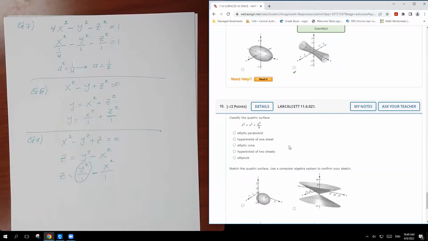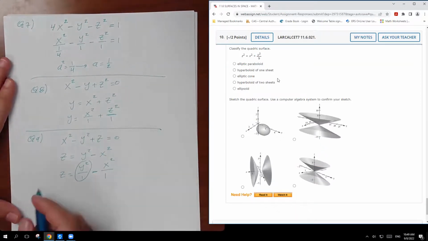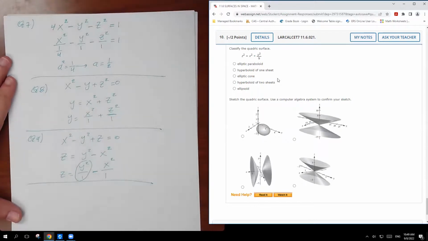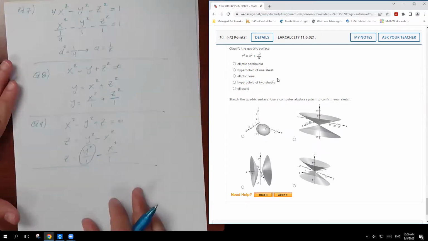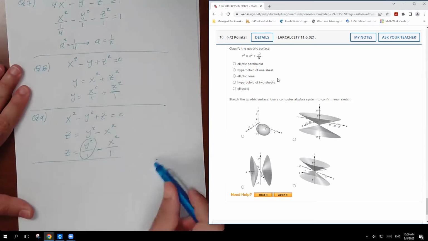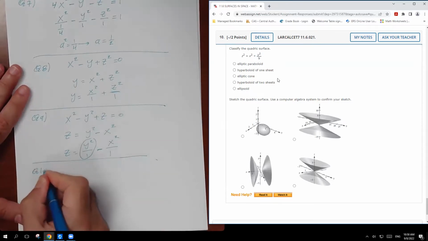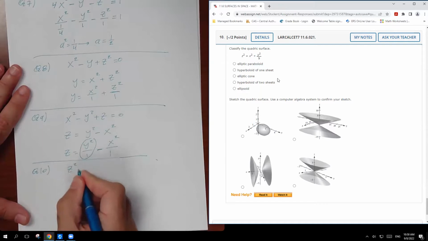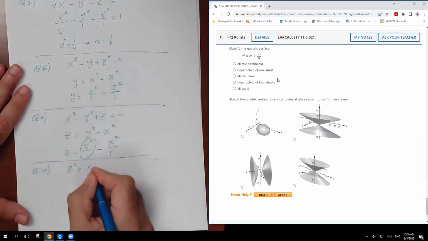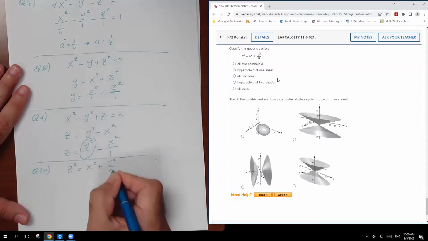The last one, example 10, classify a quadratic surface. Let's check that. Z squared. Here we have all the terms squared. It's z squared equal x squared plus y squared over 9.